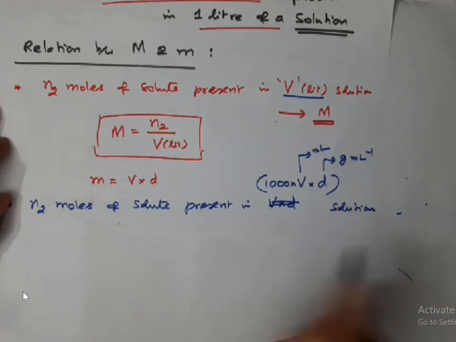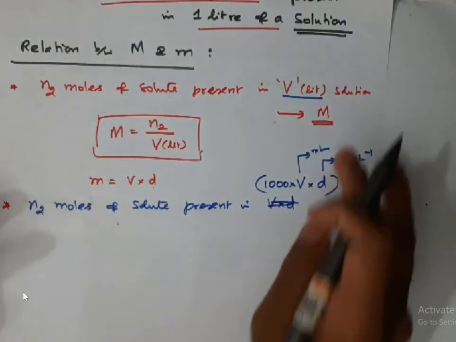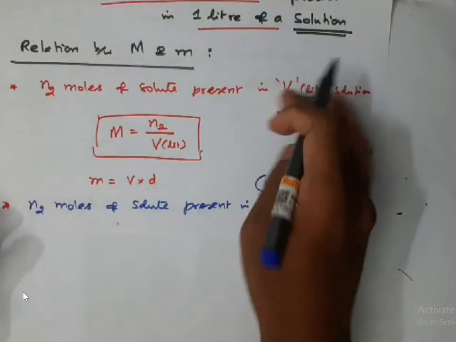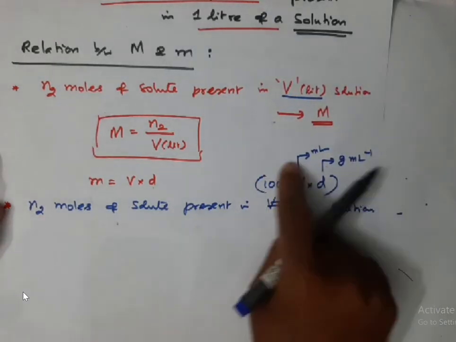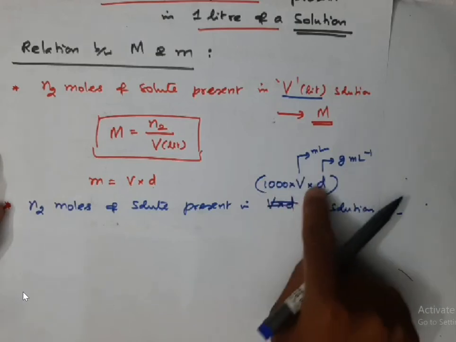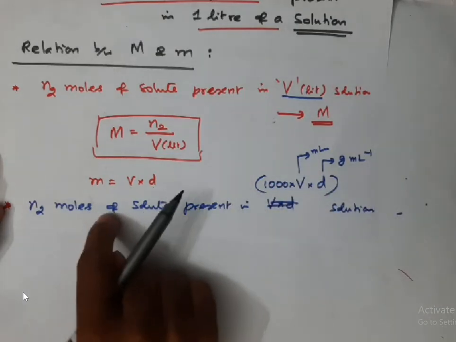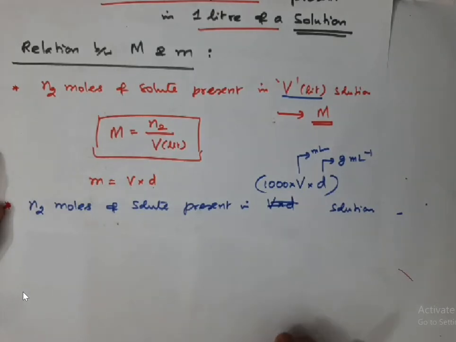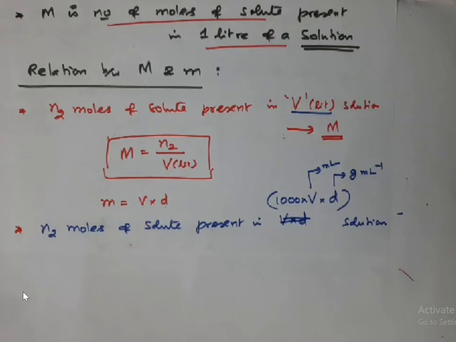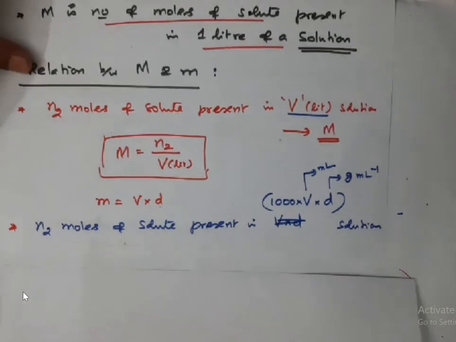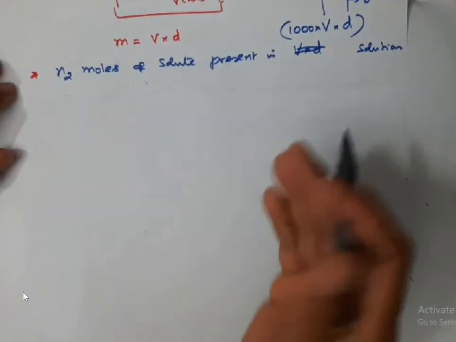So the N2 moles, I'm just writing the same thing. What I did, I just converted this volume into mass. Now this much gram of solution contains N2 moles of solute, right? So let me write in the next page so that we can use the direct formula, but you must know how the direct formulas are coming.